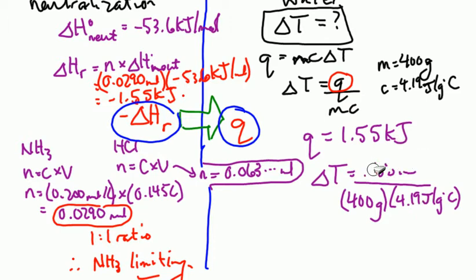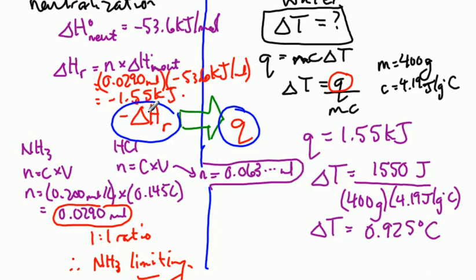I think it's a good idea to write down units, so you can catch mistakes like that. 1,550 joules divided by 400 grams divided by 4.19 joules per gram degrees Celsius. And what I get for my temperature change is 0.925 degrees Celsius.